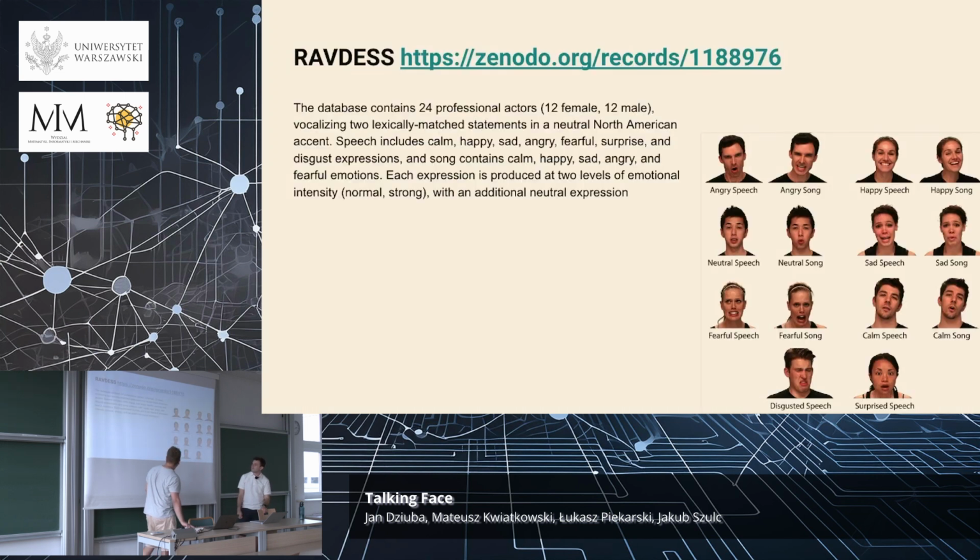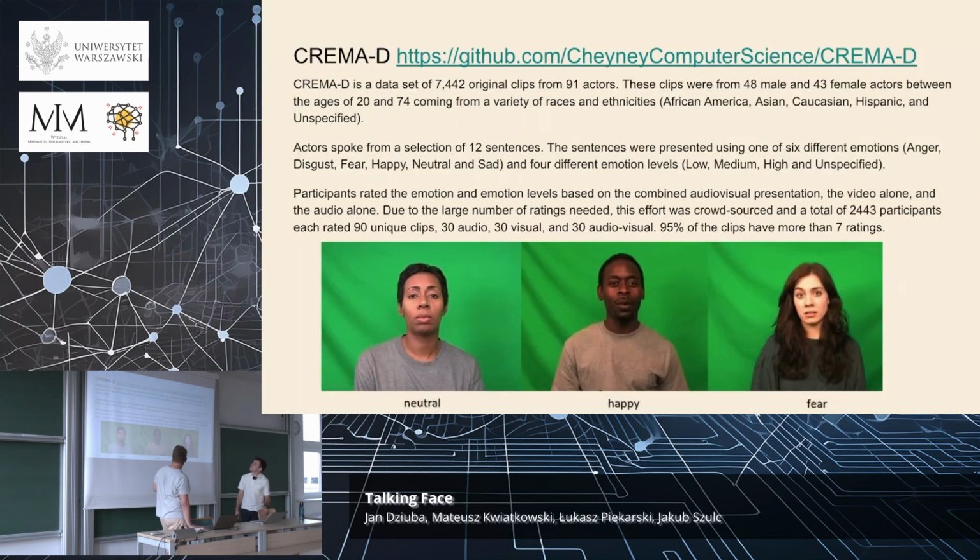Right, so the datasets that we used: one of them is RAVDESS, which contains videos like this, with a discrete set of emotions, I don't remember how many. Another dataset we used is actually much bigger, a 7,000-video dataset, also with actors saying phrases with different emotions and levels of intensity.